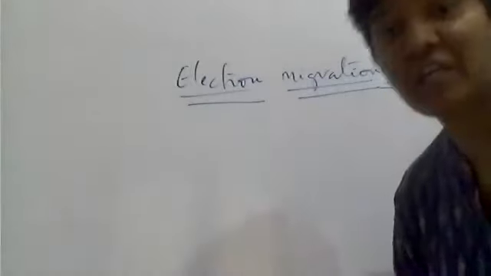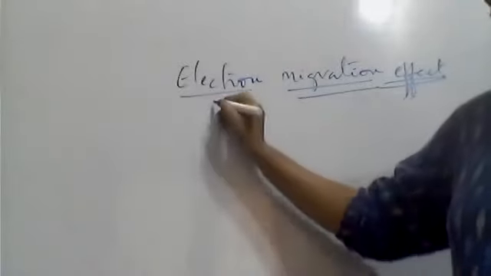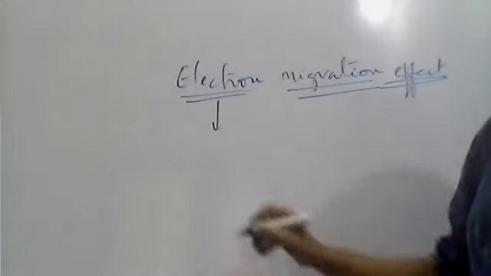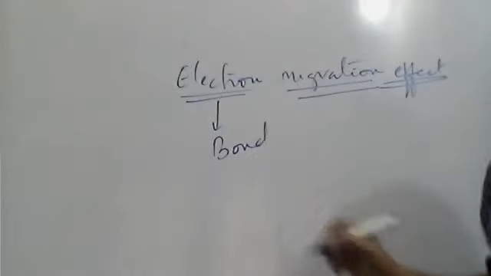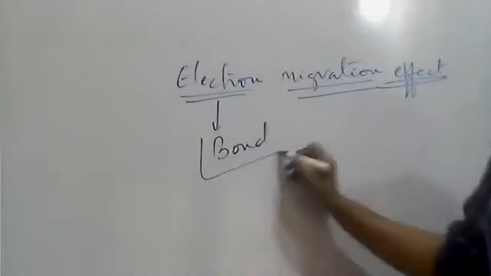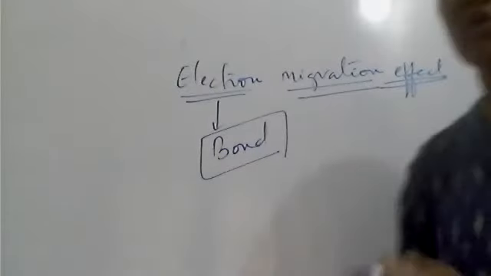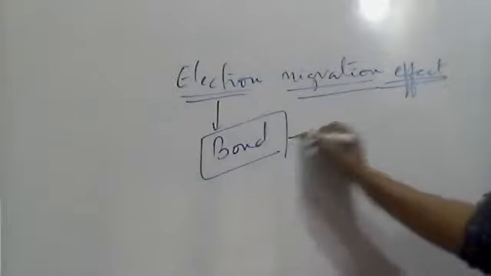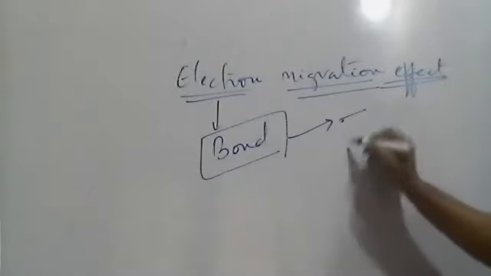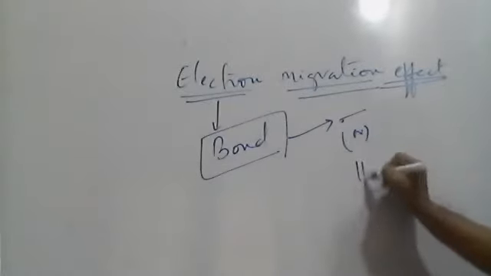Electrons are moving. And we know that in the molecule, the electrons will be in the form of a bond. And organic compounds always have covalent bonds. So this covalent bond can be a sigma bond or maybe a pi bond.